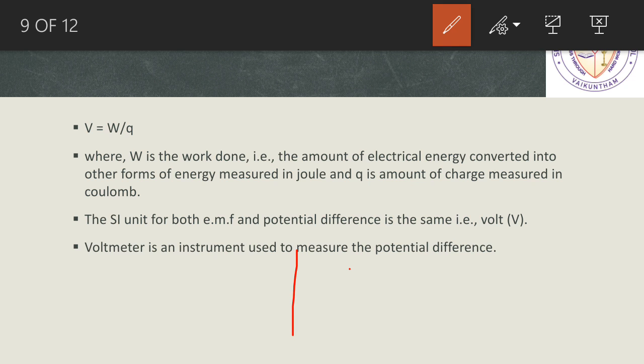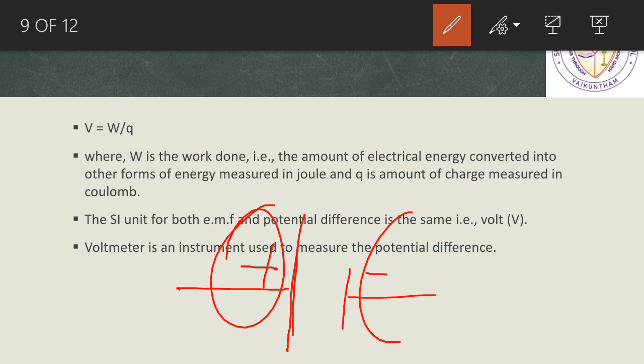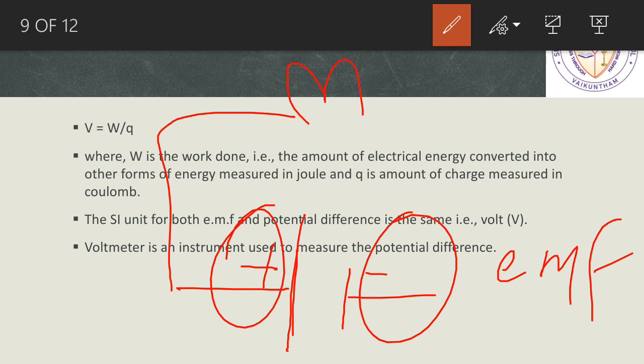See, this is a battery, a cell. One is the positive side and the other is the negative side. That means there is a difference between the two terminals, and this difference is called EMF. Now I connect this to a bulb.